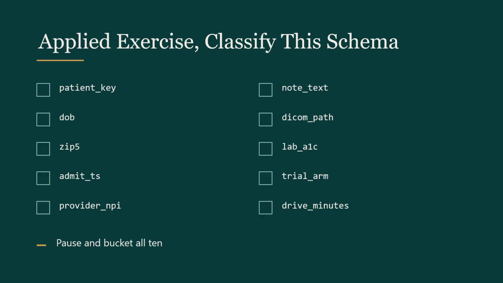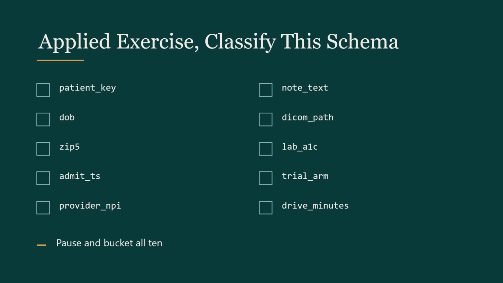Ready. Here they are. Patient key, a 12-character string. The documentation calls it a random key. You ask how it was generated and learn it is the medical record number, truncated and hashed without a salt. Direct identifier, full stop, no debate. Date of birth, full precision.